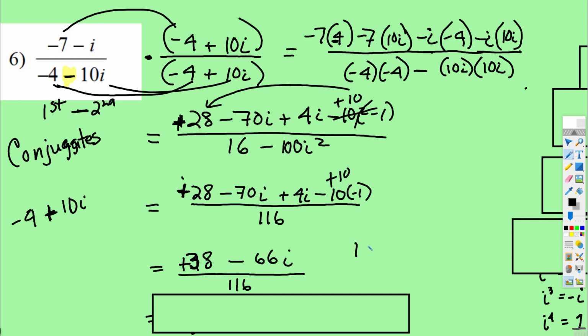So then you're going to rewrite this as 19 over 58, subtract 33i over 58. That's the final answer: 19 over 58, subtract 33i over 58. Because with complex numbers, we always want to put the result in a plus bi form. All right, that's it for this.